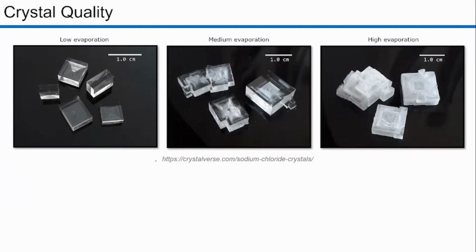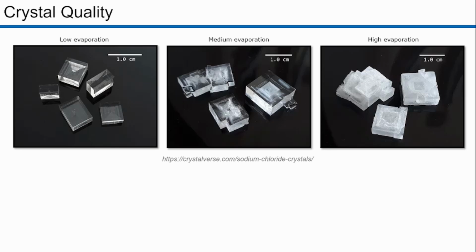So from these pictures, from the crystalverse, you can see that under three different conditions, the sodium chloride showed different quality, right? For low evaporation, we have these very nice edgy prism-shaped transparent crystals. Then with a slightly higher evaporation, we have these so-called ghost crystals, which are these white inclusions on your crystal. Also check how the cubic shape is lost within the same crystal, right?